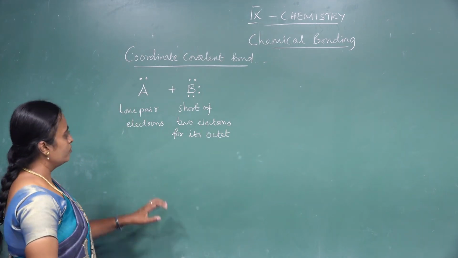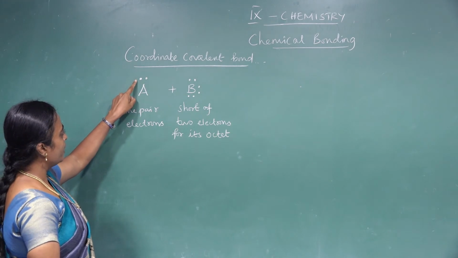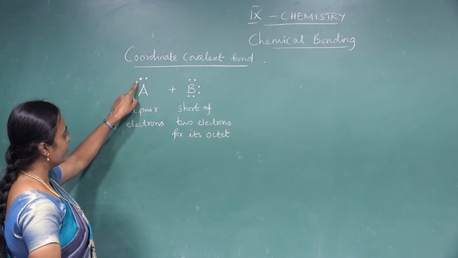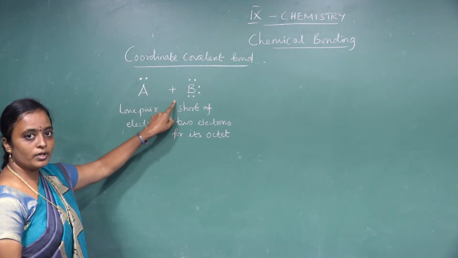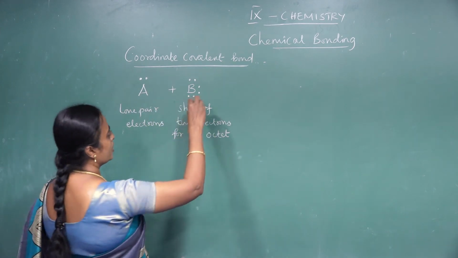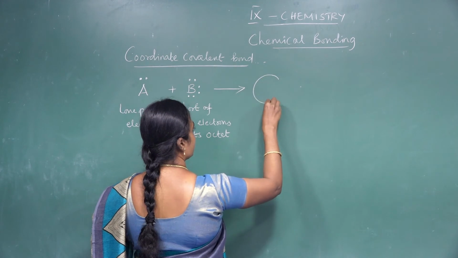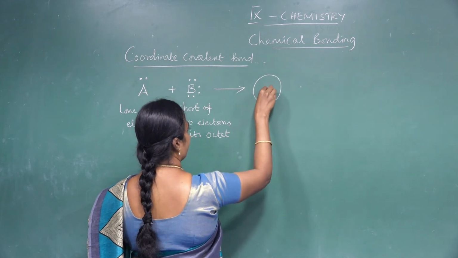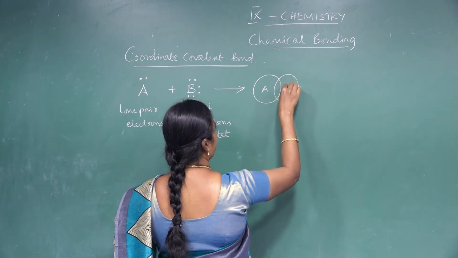Okay. Now when these 2 atoms come together, A has a lone pair of electrons, an unshared pair, that is going to be transferred to B. By using this, a bond is formed. How is the bond formed? Here A is one atom, and B is another atom.